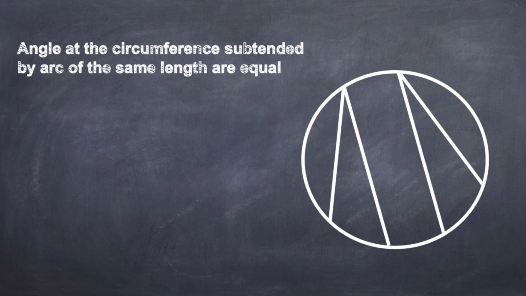Next, the angles at the circumference subtended by arcs of the same length are equal. Based on this figure, if the arcs have the same length, then the angles subtended are equal.